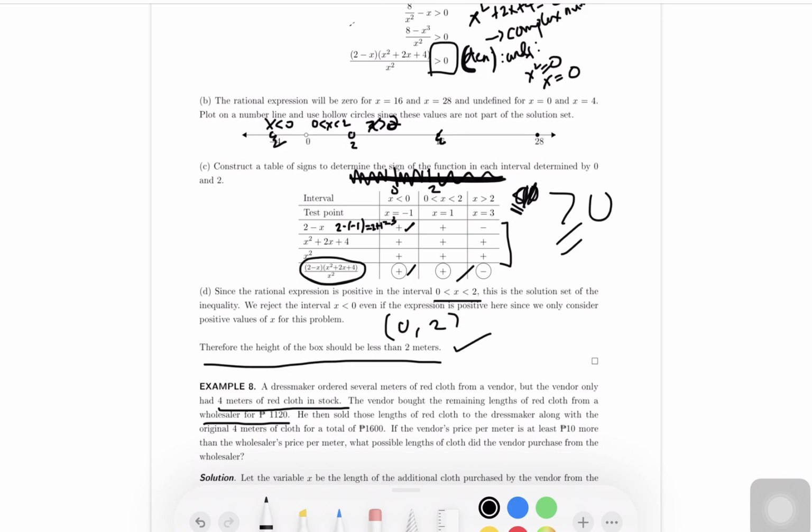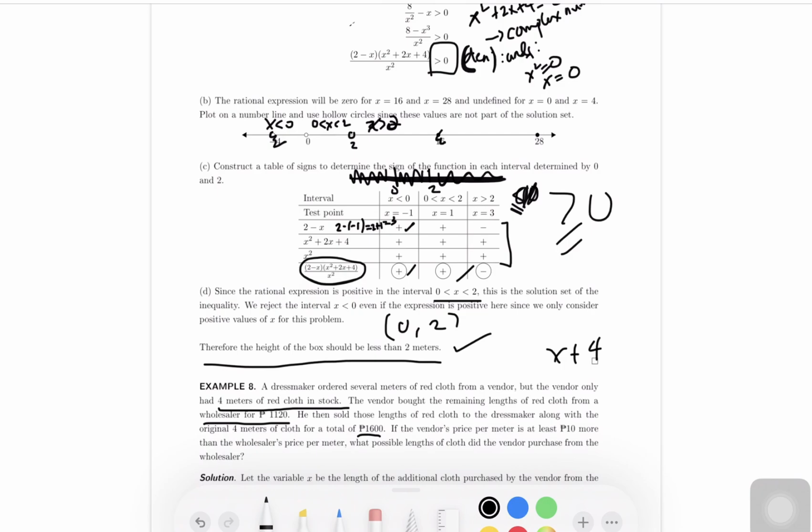He then sold those lengths of red cloth to the dressmaker along with the 4 original meters for a total of 1,600. So if x is our length, then it is x plus 4, since he added the original 4 meters of red cloth.